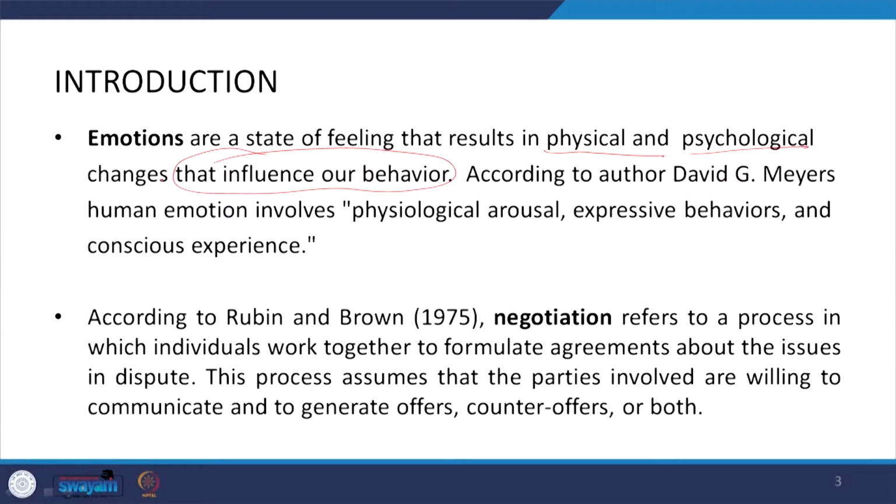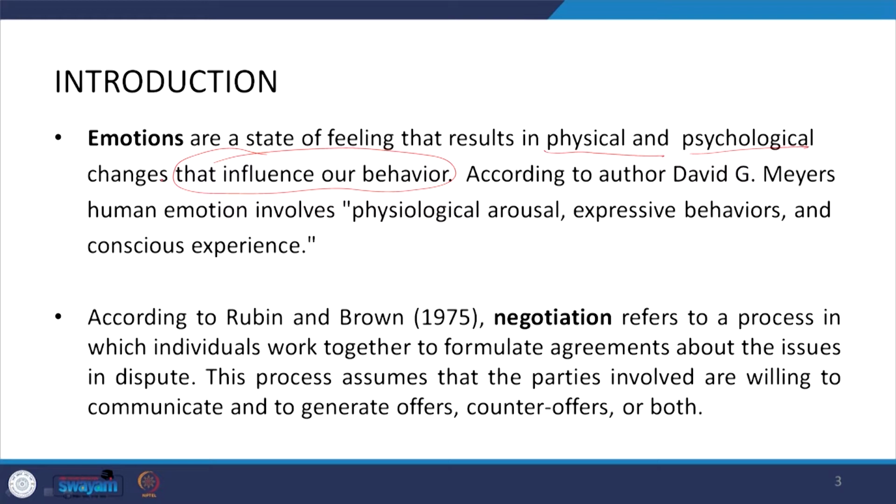But according to Rubin and Brown, negotiation refers to a process in which individuals work together to formulate agreements about the issues in dispute. This process assumes that the parties involved are willing to communicate and to generate offers, counter offers, or both.